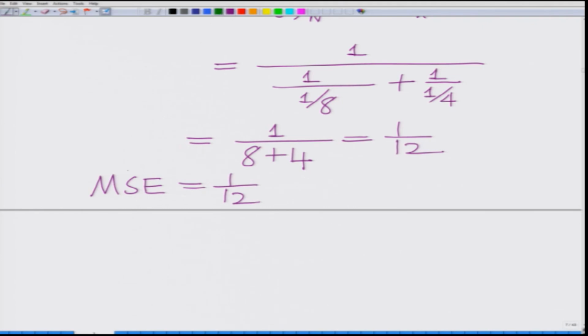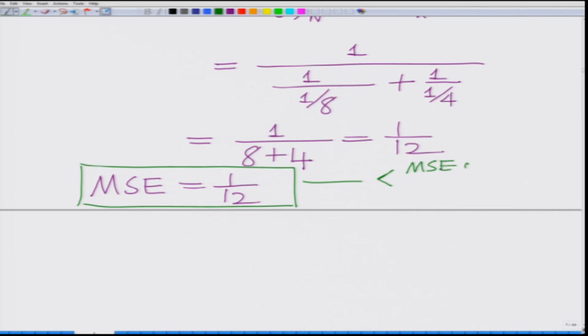So, this is what we observe, the net mean square error of estimation, and you can see clearly this is less than your MSE of ML, which is equal to 1 over 8, and this is also less than sigma h square, which is equal to 1 over 4.